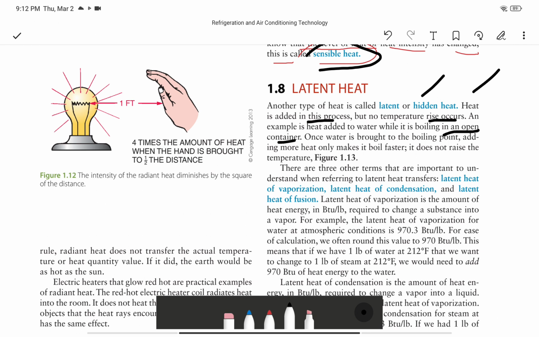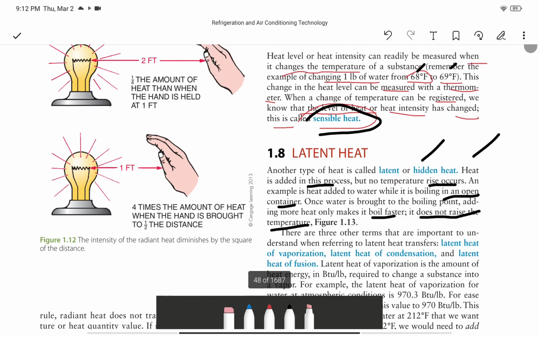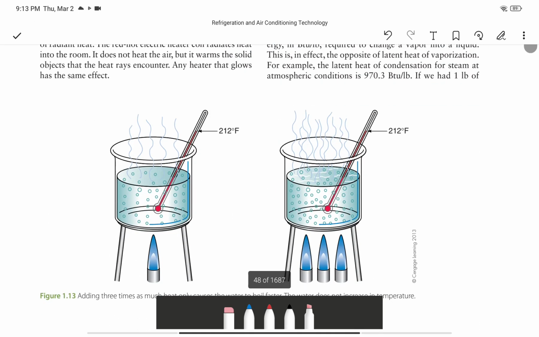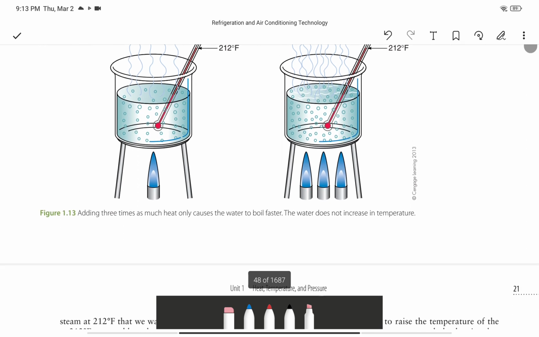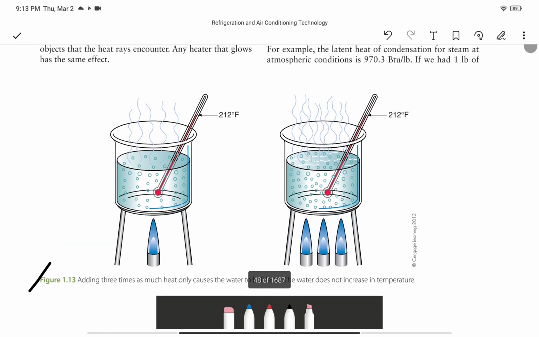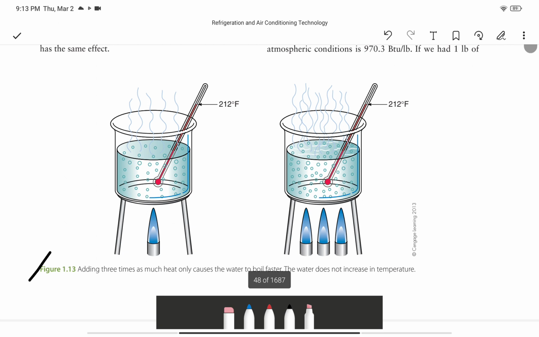Once water is brought to the boiling point, adding more heat only makes it boil faster. It does not raise the temperature. See figure 1.13. This is an example of latent heat or hidden heat.